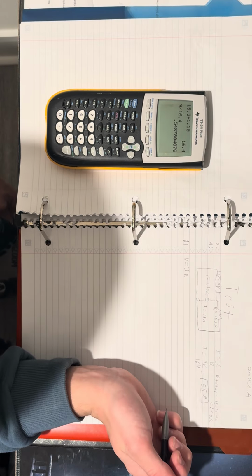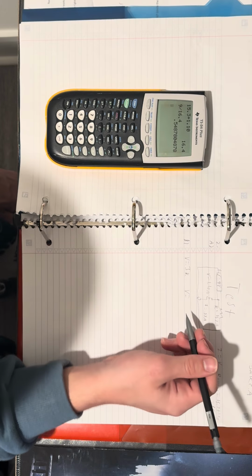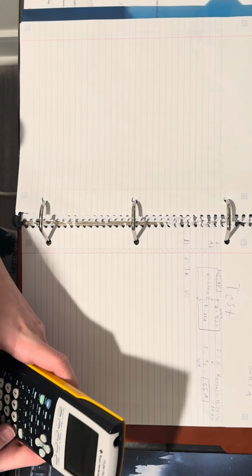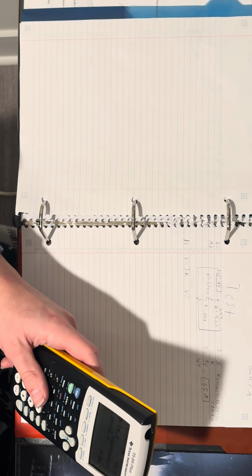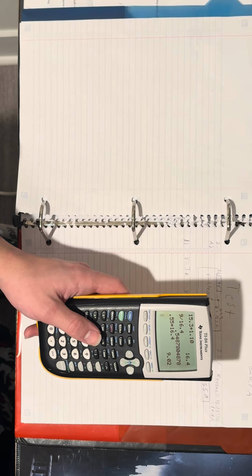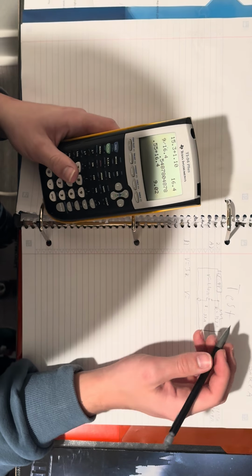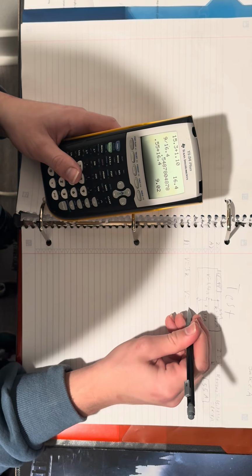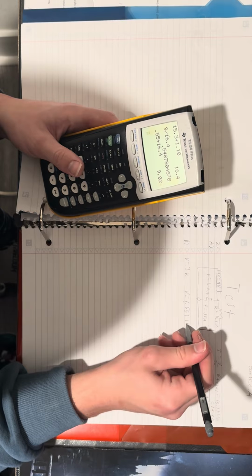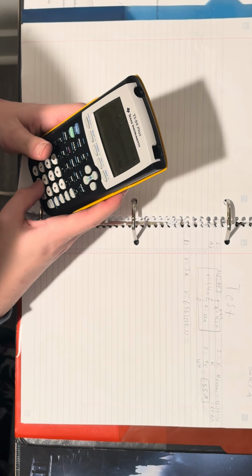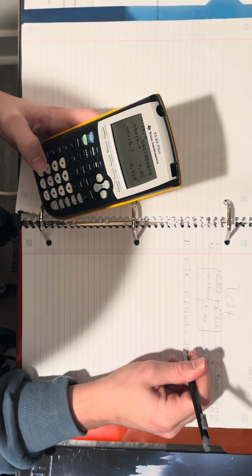Since we have the resistance and we have the current, we do voltage equals the current, which we just found is 0.55, times the resistance, but not the internal resistance, 15.3, which equals 8.4 volts.